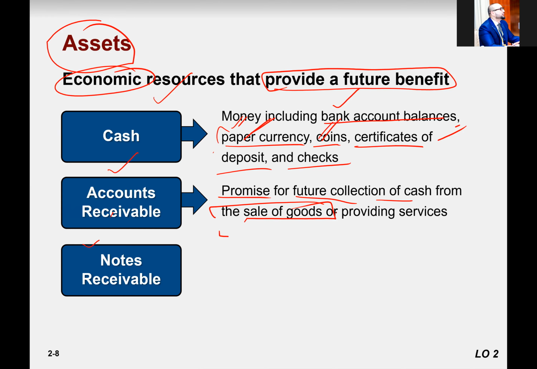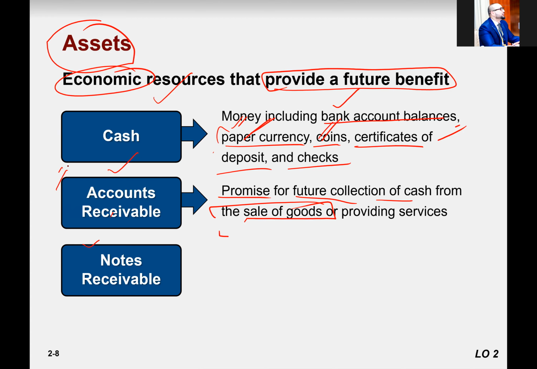It is specifically the account you open for your customers. And which kind of customers? Not cash customers, but those who claim credit, those who don't pay you in cash at the moment of sale and promise that they will pay you in the future.